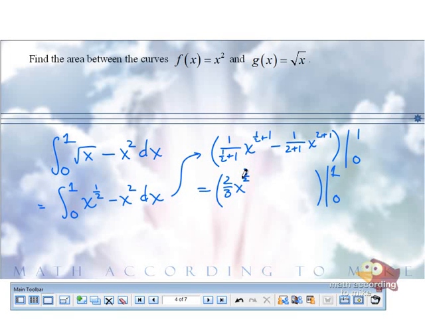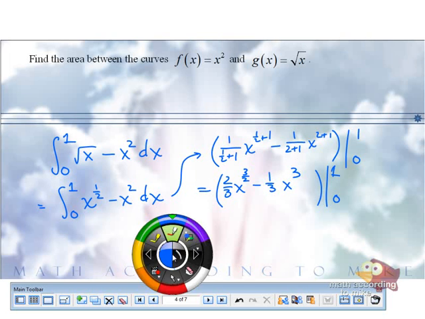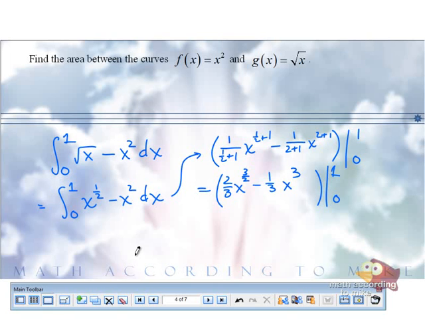Fractions are your friend. Yes, they are. Minus 1/3, x to the 3rd. Plug in 1, plug in 0.